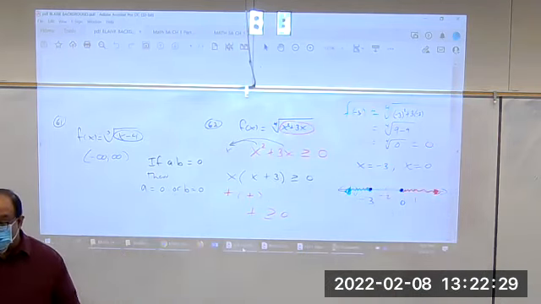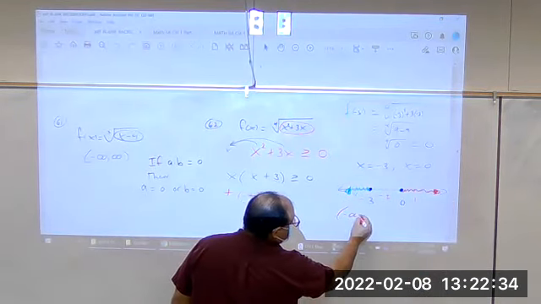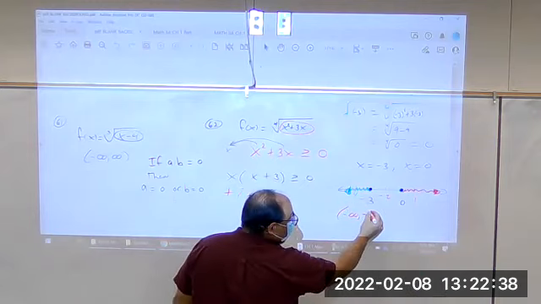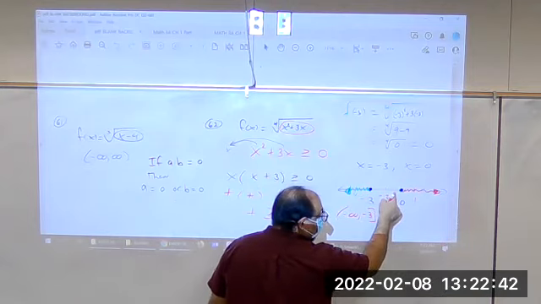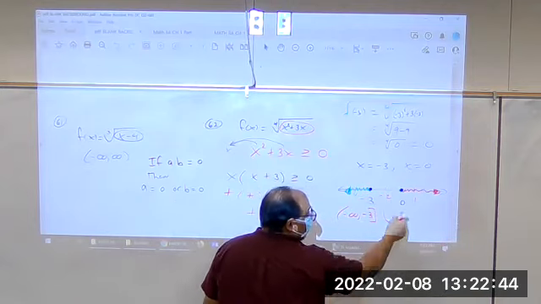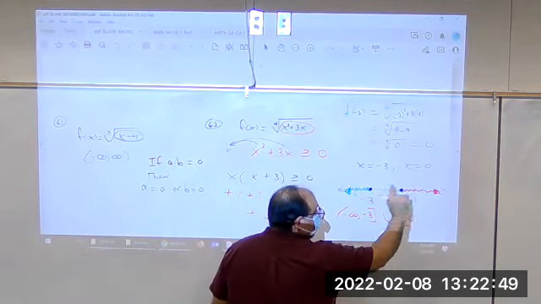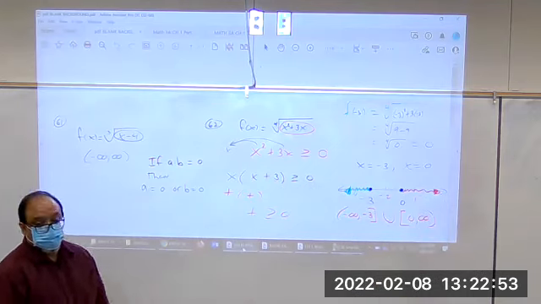So that's your number line. So now the answer in interval notation: negative infinity to -3, and -3 works, bracket. And then union, joined together with these answers that start at 0 and go all the way to positive infinity. That's your domain.